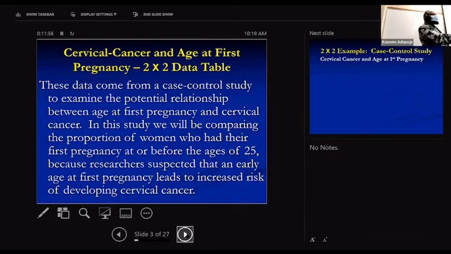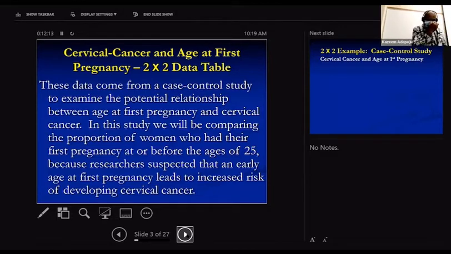The two variables are categorical because the age that we want to consider is age 25 or less and age more than 25. That's categorical.